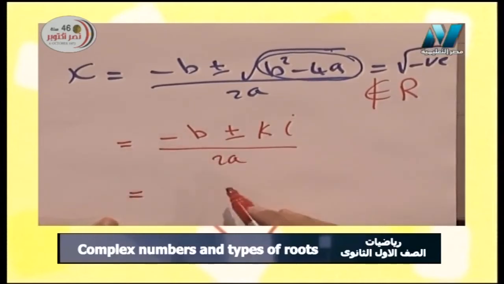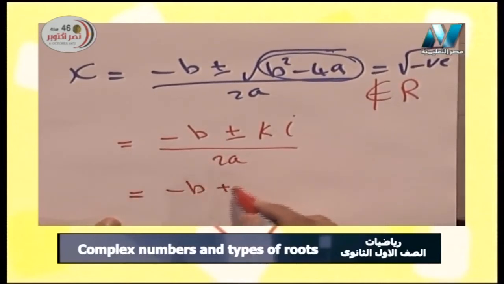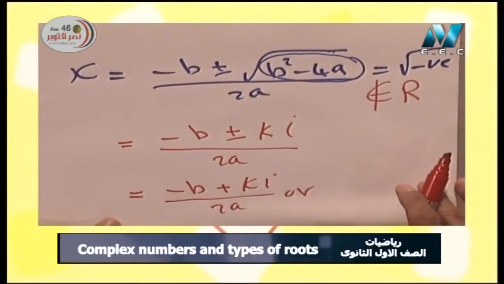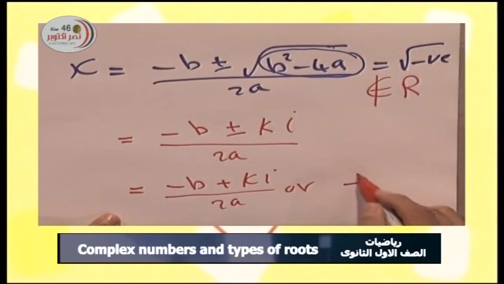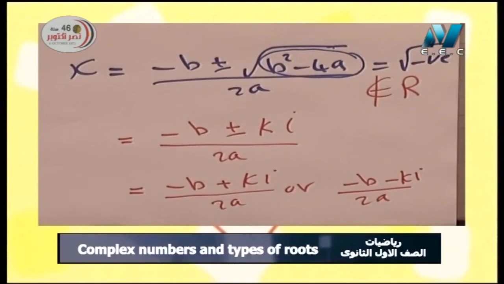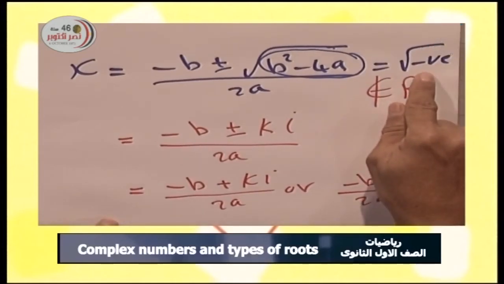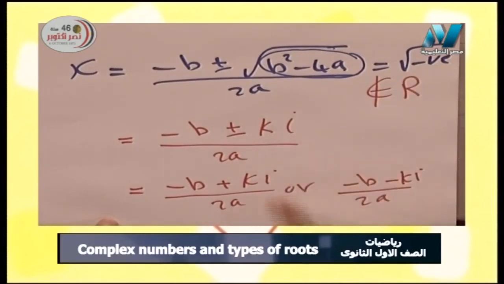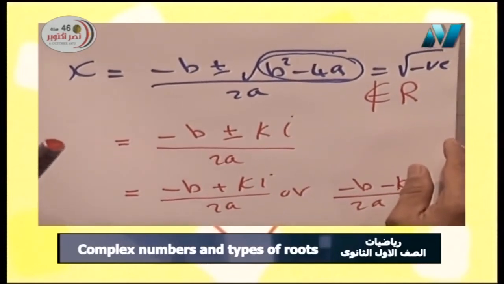So the answer will be negative b plus ki over 2a, or negative b minus ki over 2a. Okay? So if the discriminant equals a negative number, the roots will be complex and not real. We have two conjugate roots, and they are not real but complex numbers.